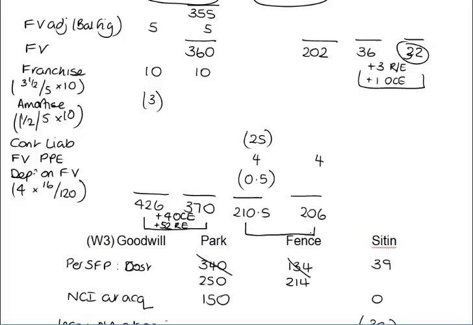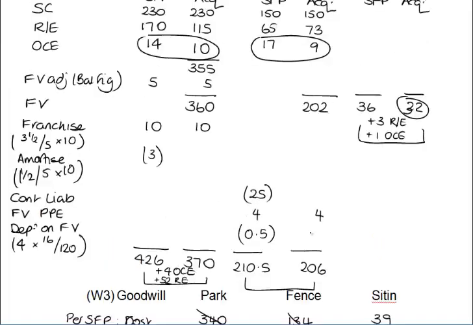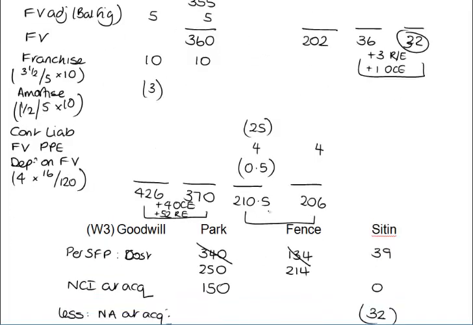For Fence, we've got an increase in OCE of 8. And oh, sorry, the contingent liability. I've got the contingent liability bit wrong, I think. Let me just go back to that.